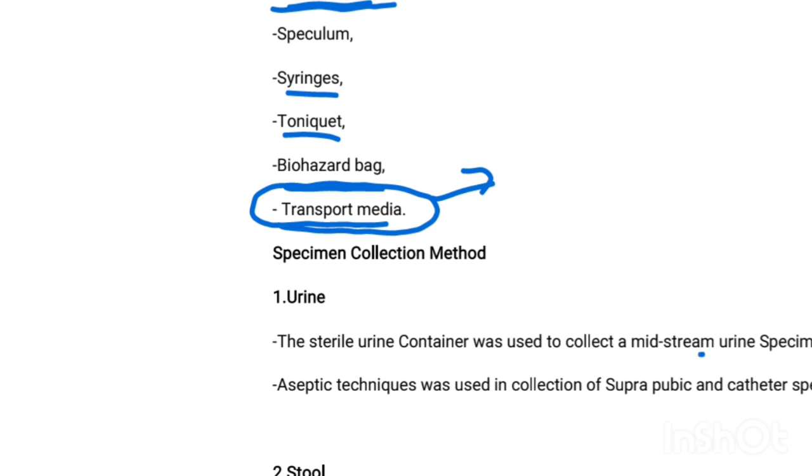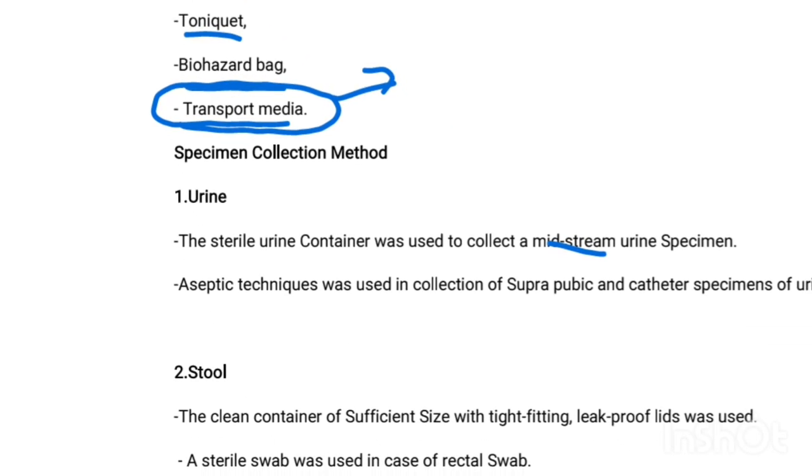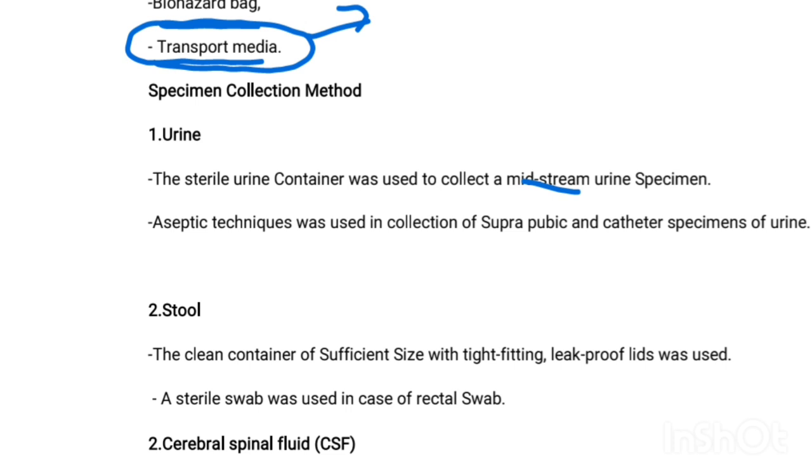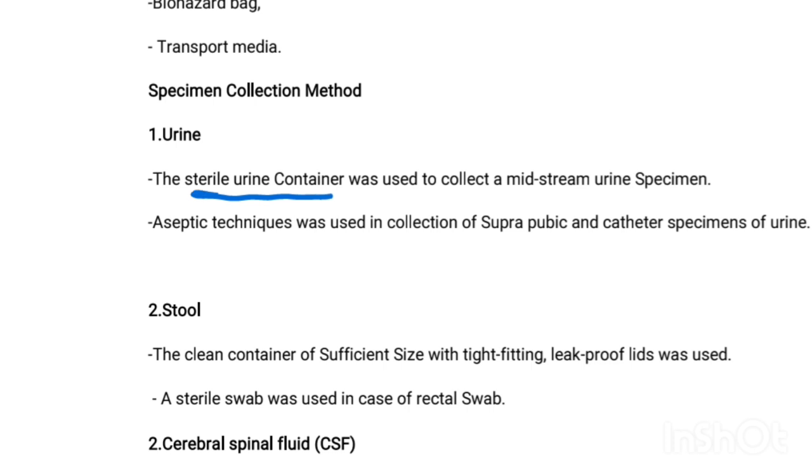So now let's see the methods that we can use when collecting the specimen. For example, we have urine. How do we collect? Of course, we need to use a sterile container. Sterile means a container free from contamination.